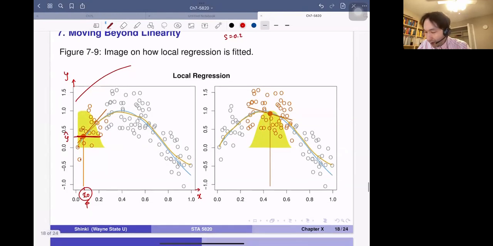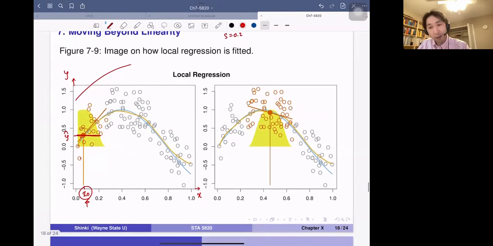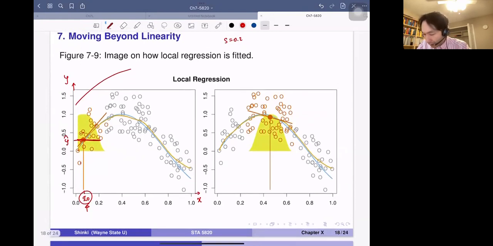So we fit the straight line on these 20 observations. Then we take the value at x equal to x0, and that is our estimate for y, y naught hat. Also, within these 20 observations, some are relatively less important because they are a little far away from x naught, so we give them lower weight. That is represented by the green bell-shaped curve.